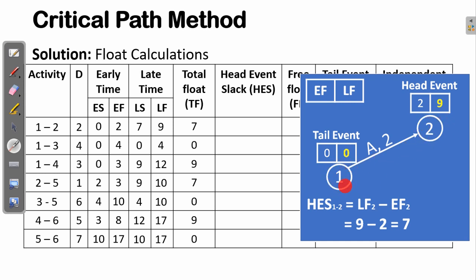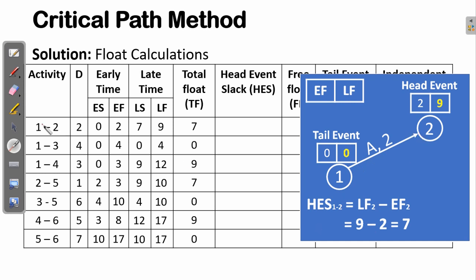This is the beginning of the activity, and this is the end of activity A. The beginning of the activity we call the tail, and the end of the activity we call the head. So the head event slack is basically the difference between the late finish and the early finish. Taking that difference for the head event, you have the head event slack. So this is for activity A.